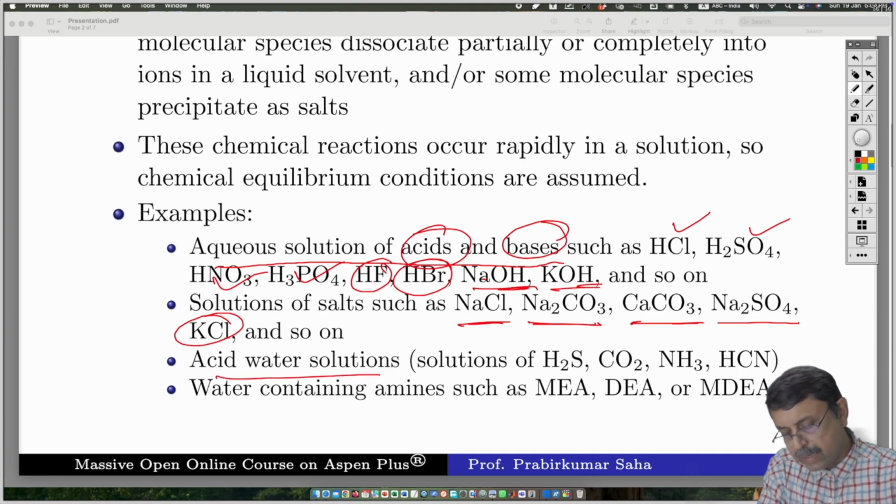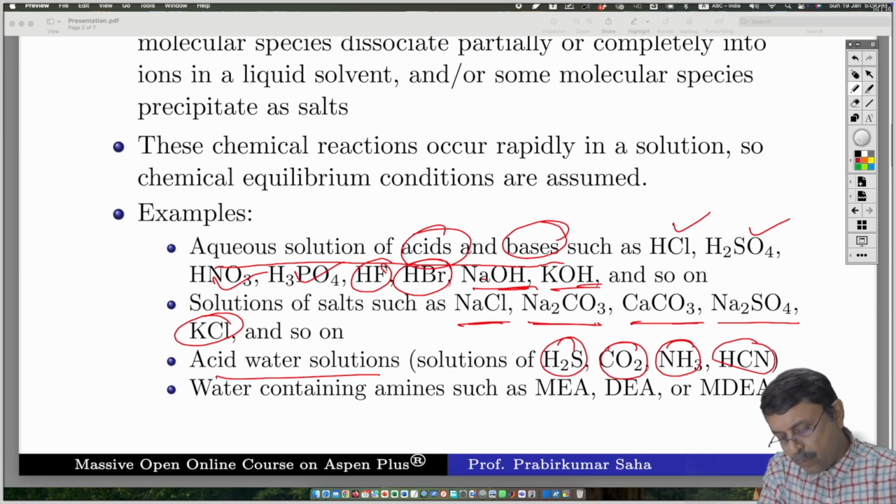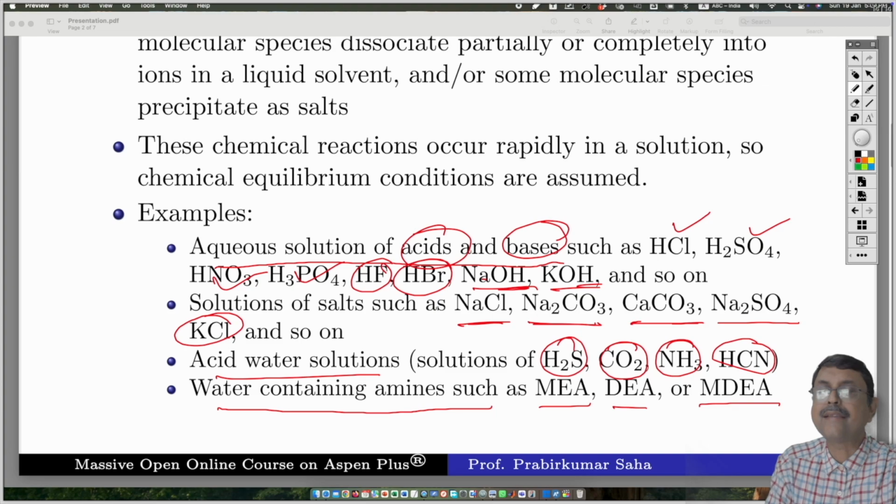Then acid water solution, like solution of hydrogen sulfide, carbon dioxide, ammonia, hydrogen cyanide. The solutions of these components can also generate an electrolyte. And finally, water containing some amine solutions like monoethanol amine, diethanol amine, or methyl diethanol amine. So these are the examples of electrolyte system.